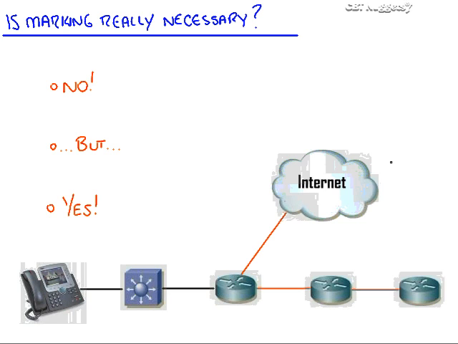For example, you might decide to mark your web surfing traffic with an IP precedence of 0, which is one of the lowest markings that you can get. It goes into the internet cloud with that marking and ends up in the bronze class, which means, you know what, if there's congestion, that web traffic is probably going to get dropped.